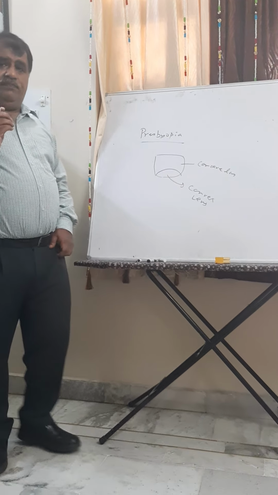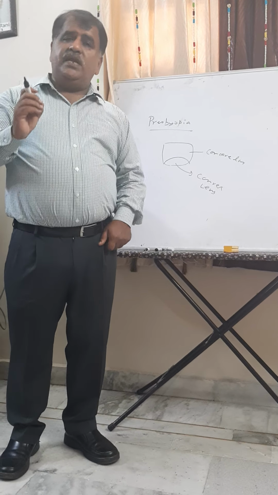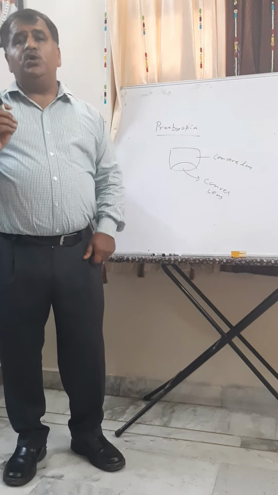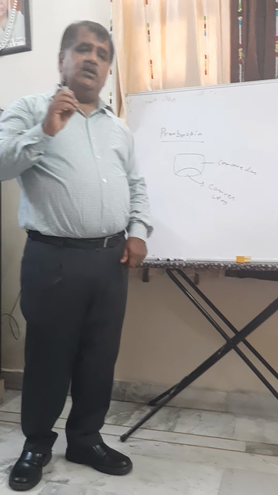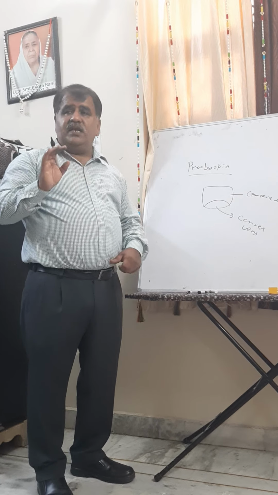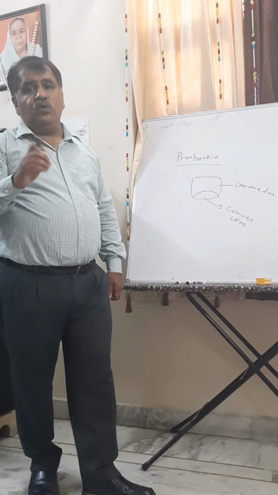So in presbyopia, the only reason is decrease in converging power due to weakening of ciliary muscles, because in old age a person's ciliary muscle loses its flexibility to increase the converging power.